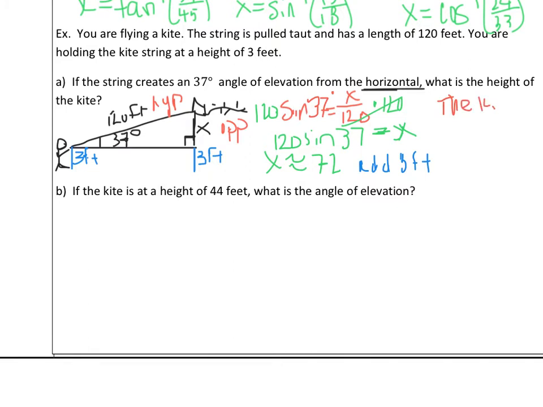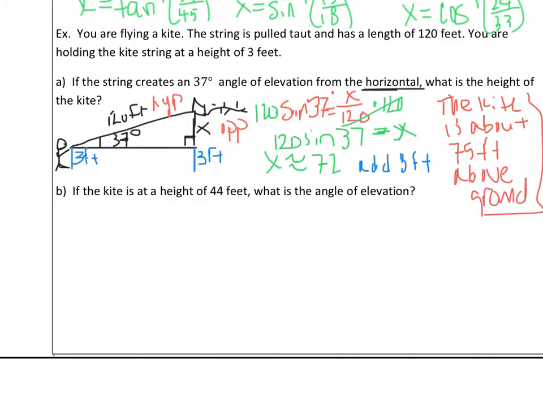I'll write that the kite is about 75 feet above ground, or height of whatever, however you want to write that.